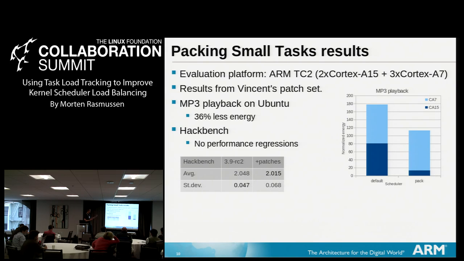And we can see here that the energy coming from the Cortex-A15 is reduced from about 80 down to, I think, around 15 when you look at the bar to the right. So clearly the patches have correctly identified small tasks and put them on Cortex-A7s, which should be powerful enough to handle small tasks. We also verified that we didn't have any performance regressions by running Hackbench. And we didn't see any difference in performance or variations in the numbers.